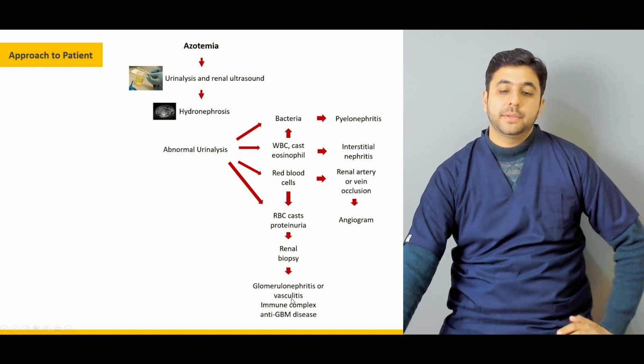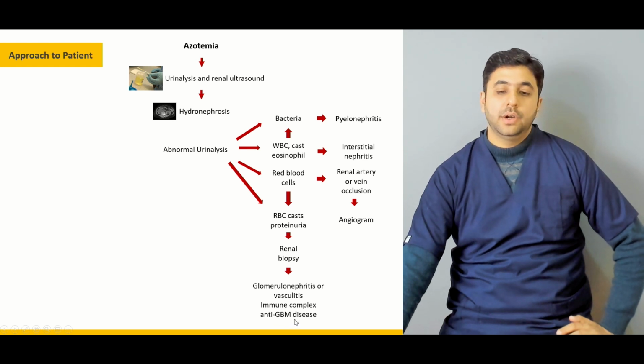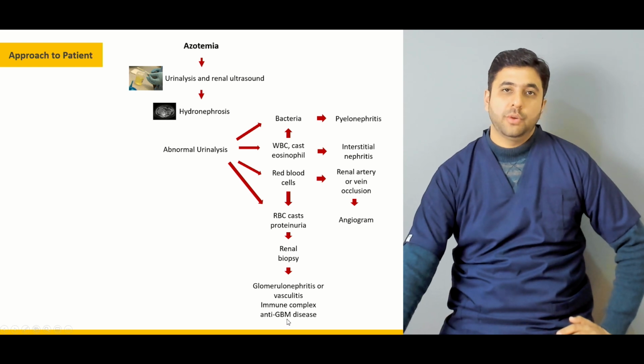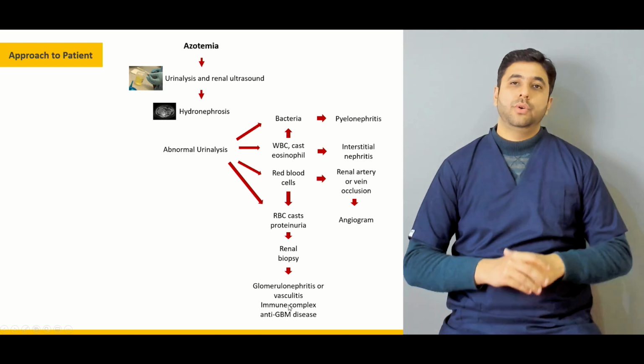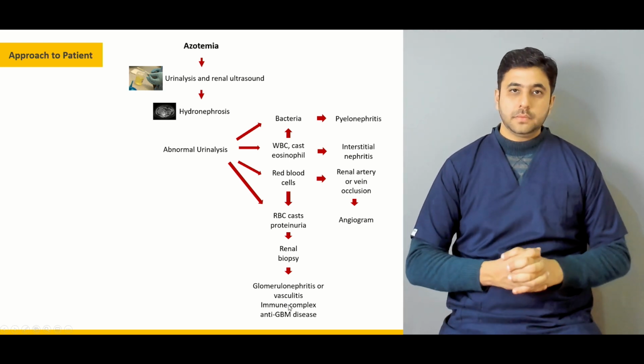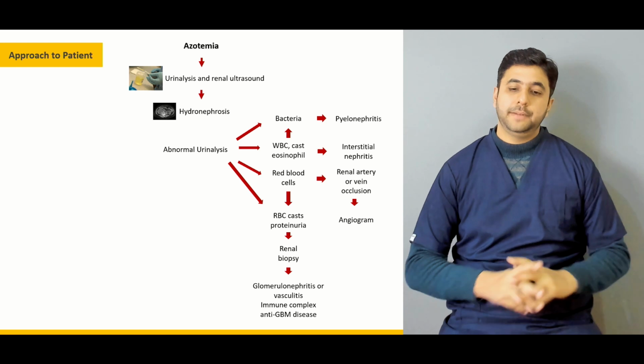There can be some rare pathologies like vasculitis, some syndromes, some anti-GBM diseases, anti-glomerular basement membrane diseases, in which there are antibodies that target the glomerular basement membrane and make it permeable to all these things, which are generally not found in the urine.